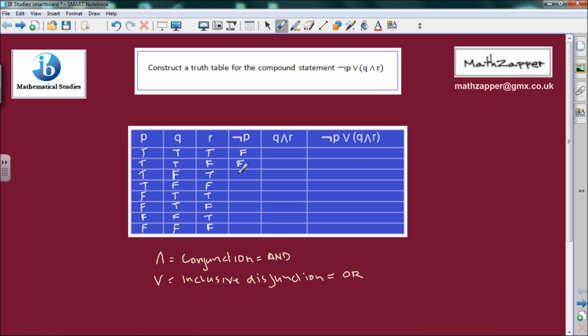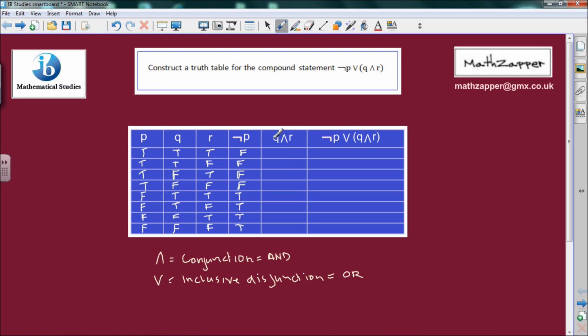The last four are false, so therefore four trues. Let's be clear: if P is true, the negation of P has to be false. If P is false, the negation of P has to be true.